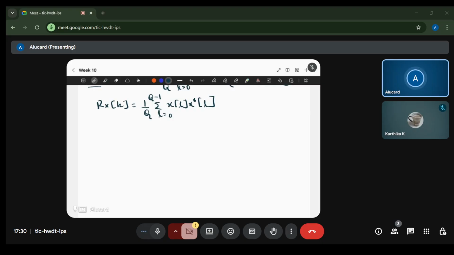So think about it. If all the sequences are used for different users, and there is a multipath component from a user, is it possible to tell whether it is a multipath component that is coming, or is it from some other user? You can't really tell because you're using all possible sequences.